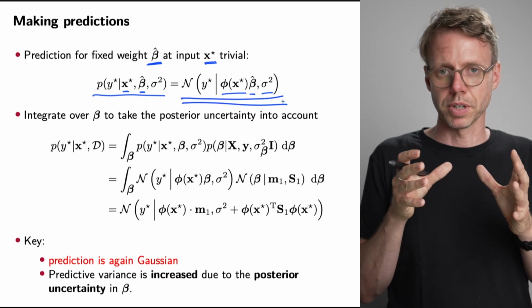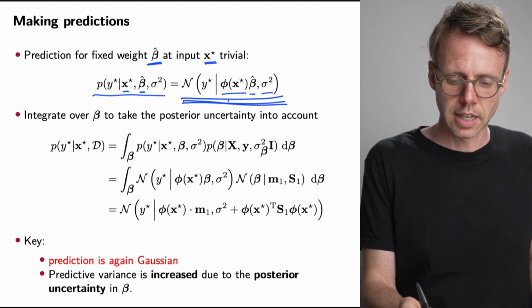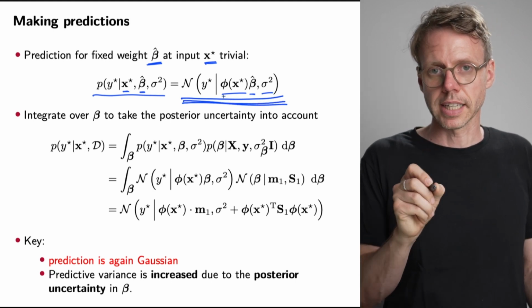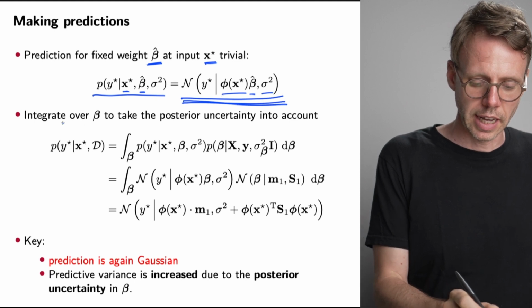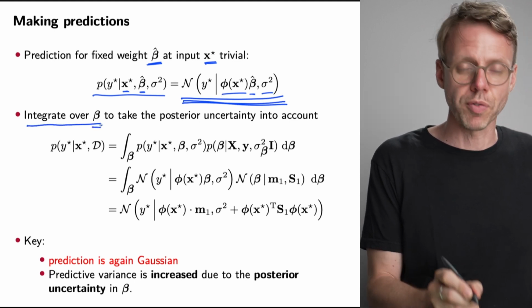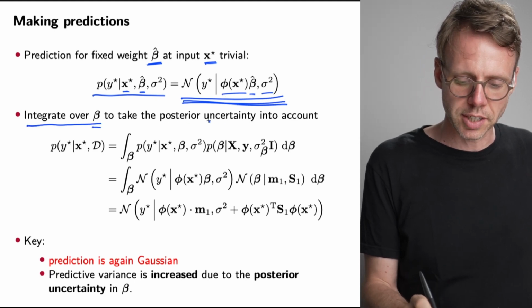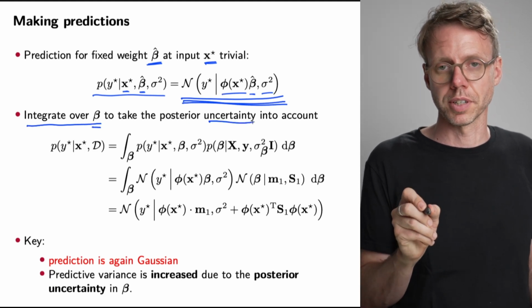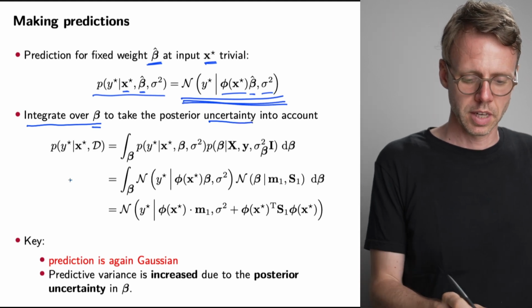It means that our predictive distribution here actually does not reflect this uncertainty. However, if we integrate beta over our posterior distribution, we take the uncertainty into account that is still present in our posterior.